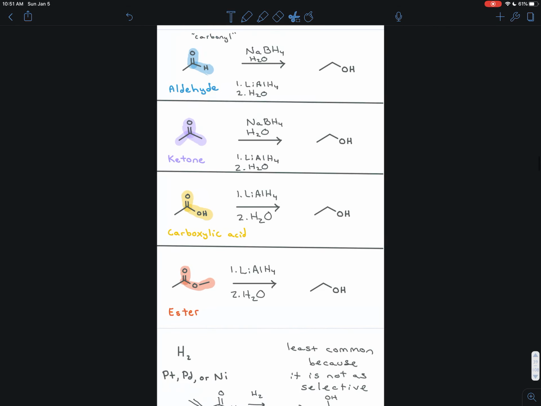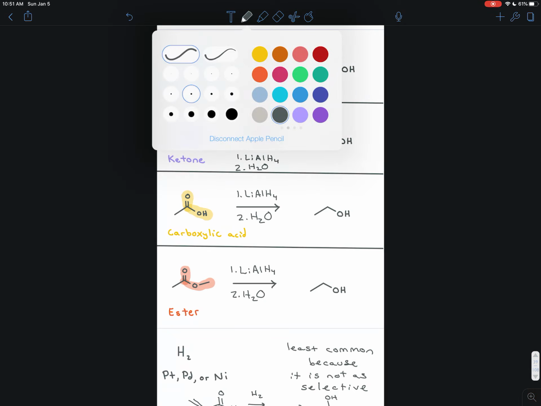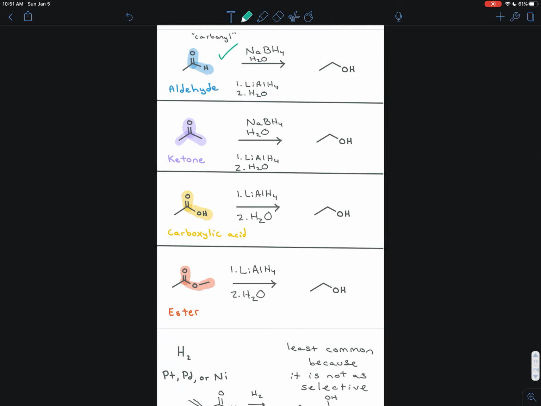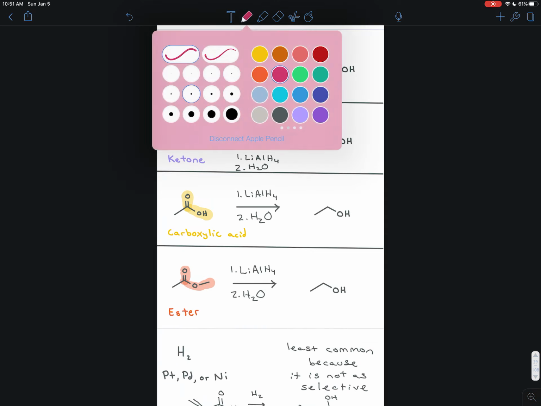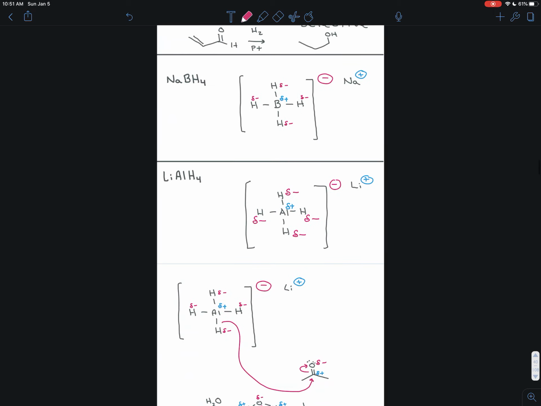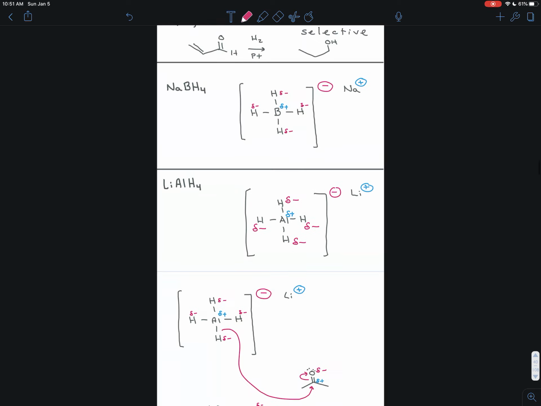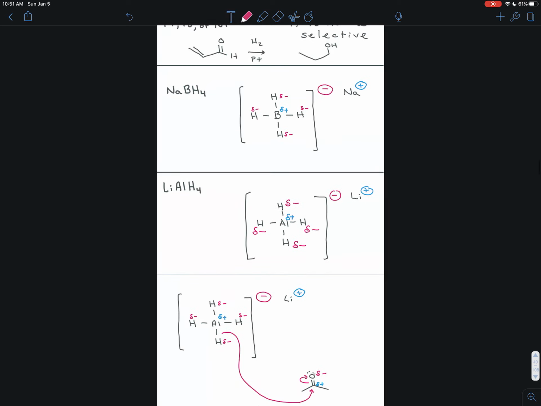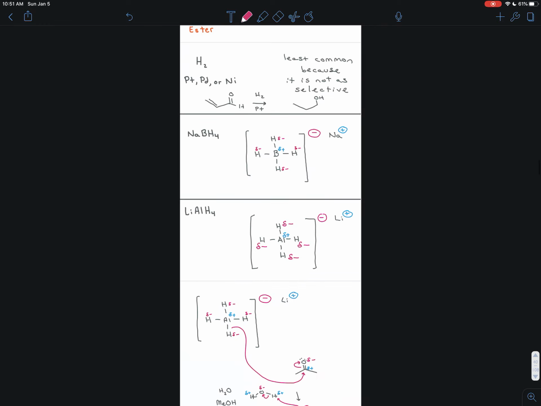And so we saw that sodium borohydride can reduce aldehydes and it can reduce ketones, but notice that sodium borohydride cannot reduce carboxylic acids or esters. Only lithium aluminum hydride can do that because aluminum has a lower electronegativity and so creates larger negative charges on the hydrogens, which therefore are stronger nucleophiles.